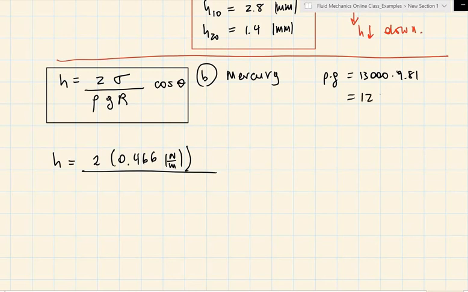And so we finally get 127,530 newtons per cubic meter, which is the specific weight of the mercury.